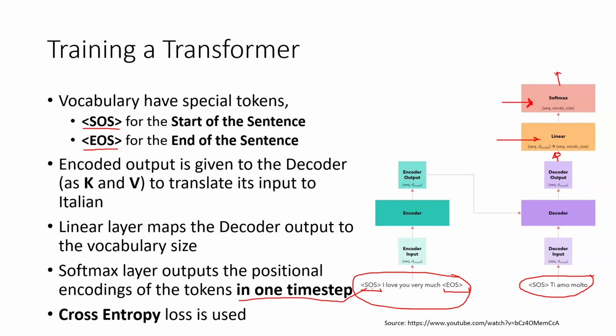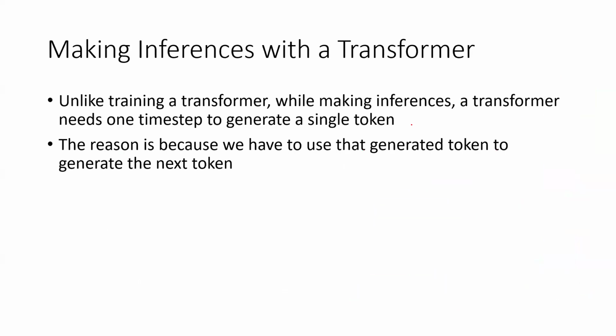In this transformer learning process, you can use cross entropy loss because we are using the softmax classifier. However, you can use this one time step learning only for the learning process. But when it comes to making inferences or generating tokens, you have to generate tokens one by one.